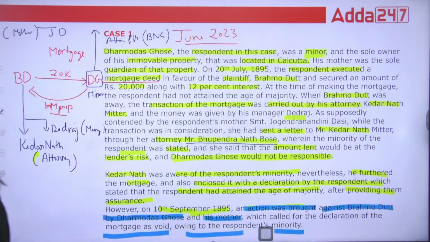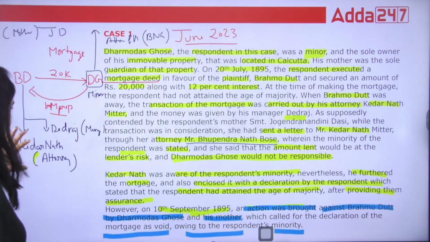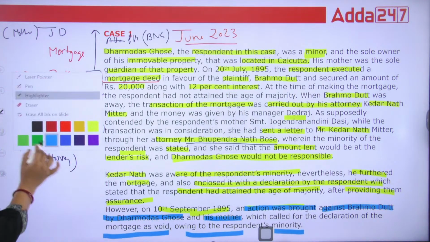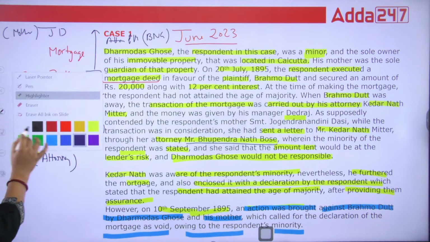See, class, in that case, what will happen? First of all, this is a famous case.